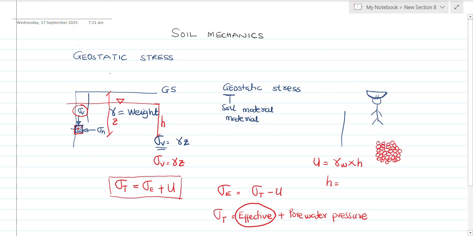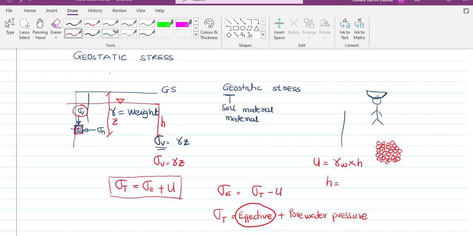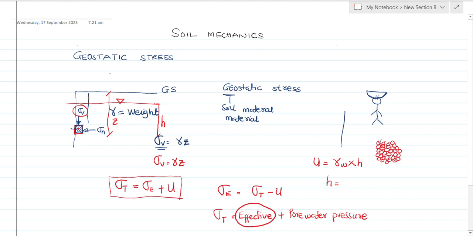But when there is water, the water is going to displace the particles, because it will be passing through the tiny pores within the soil. And when stress is applied, it's going to cause the particles to move away.